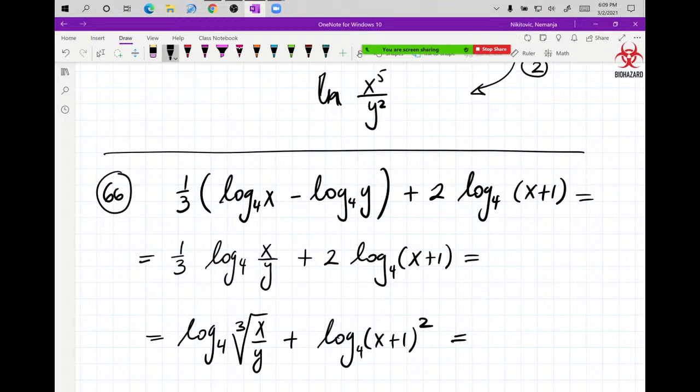So this is the rule number 3, where you get those numbers in front of the log and you put them in as your exponents of the argument. Argument is what we call the values that are inside the log. Just like later on in trigonometry, when you say sine of x, that x is called the argument. The same thing for square roots, right? Whatever is under the square root is called the argument of the square root.